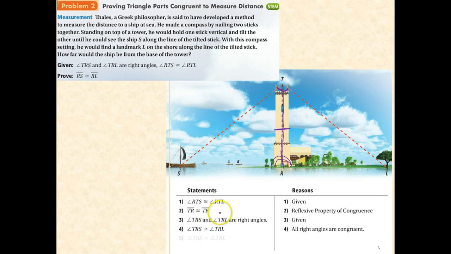So we can say that the two triangles are congruent. Triangle TRS is congruent to triangle TRL by angle, side, angle. And now I can say that segment RS is congruent to segment RL because corresponding parts of congruent triangles are congruent.